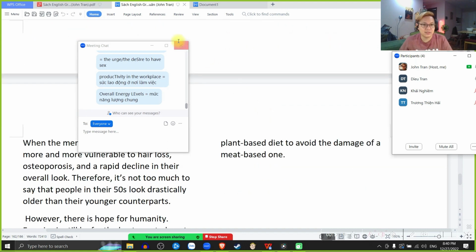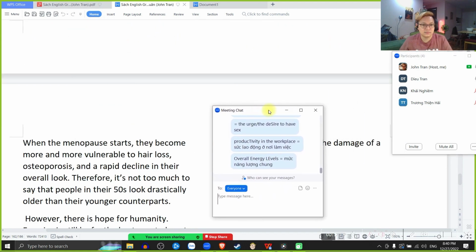When menopause starts, they become more and more vulnerable to hair loss, osteoporosis, and a rapid decline in their overall look.